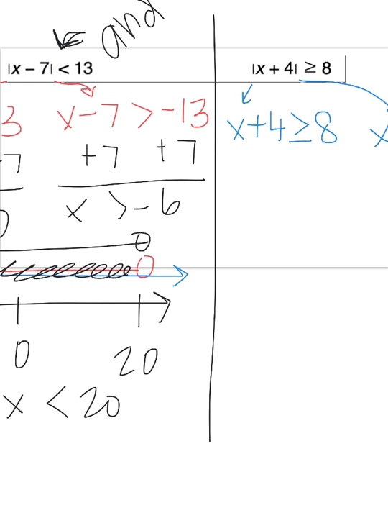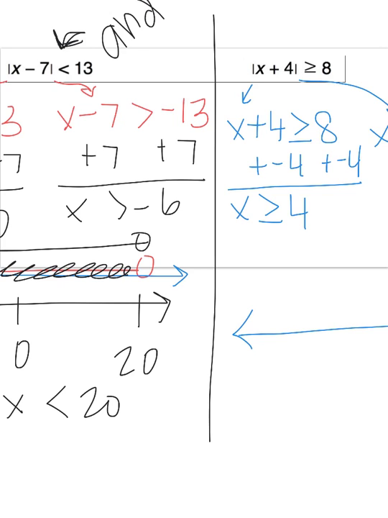And I'm going to solve. So I'm going to add a negative 4 to both sides. So the first one I get is x is greater than or equal to 4. I'm going to do the same on the other one, and I get x is less than or equal to negative 12.